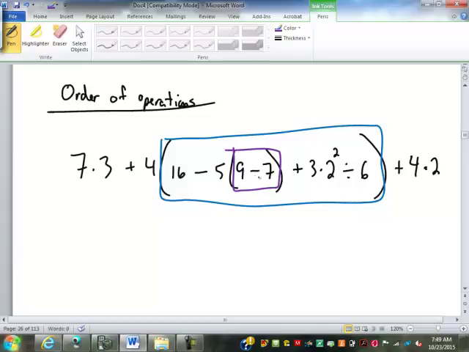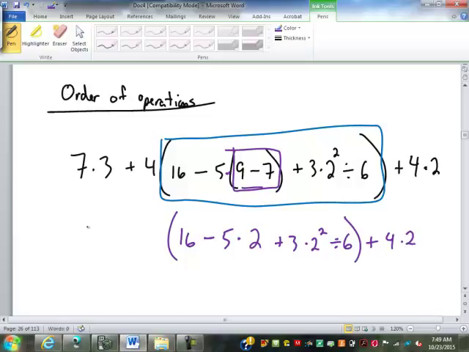No. All we have is subtraction, 9 minus 7, which is 2. Now I've reduced what's in that parentheses to a single number, so I don't need the parentheses anymore. I need to put in the multiplication at front, because that's 5 in front of the parentheses with no symbol, so I've got to put multiplication in there. Nothing else changes.